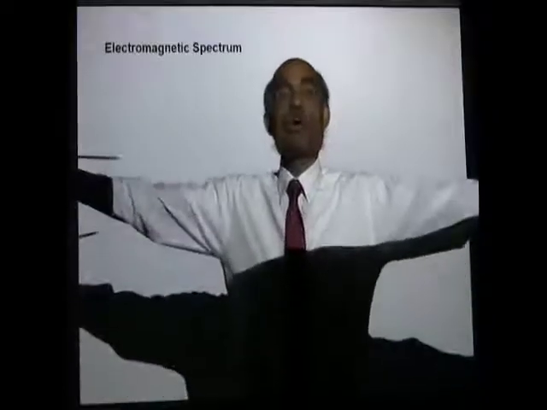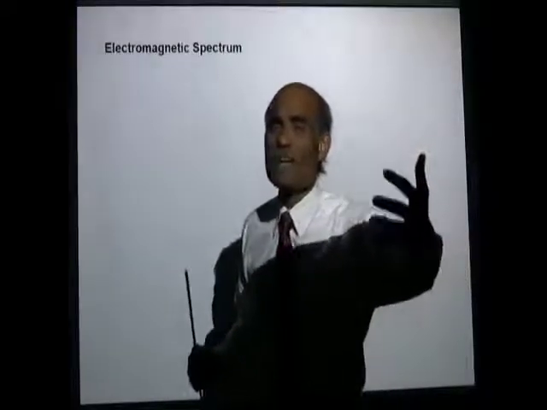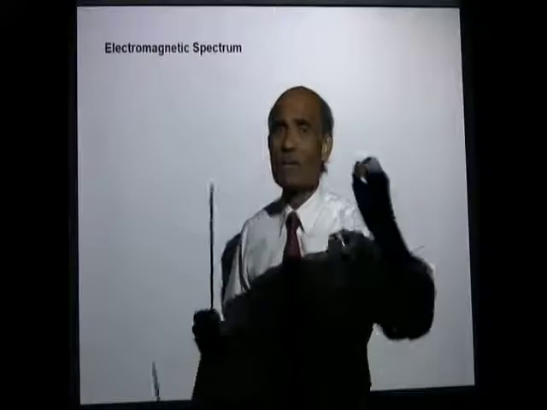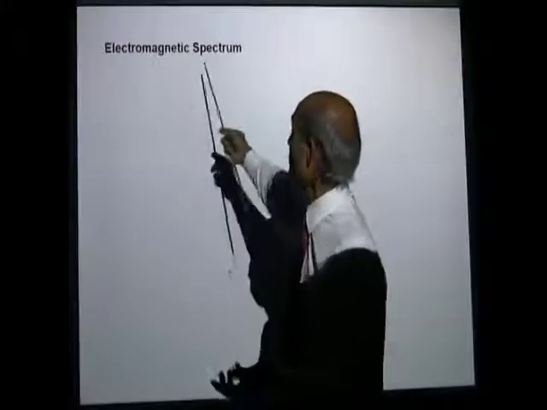Electromagnetic spectrum is actually a collection of all forms of electromagnetic waves. Now, I think in the discussion on thermodynamics, we talked about the radiation that is emitted by all objects. All objects at all temperatures emit radiation in the form of electromagnetic waves.